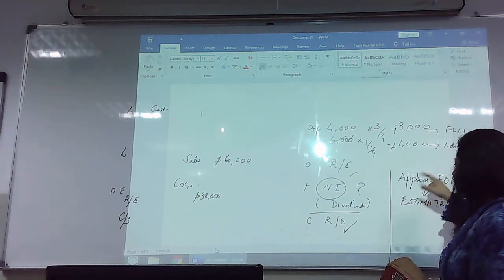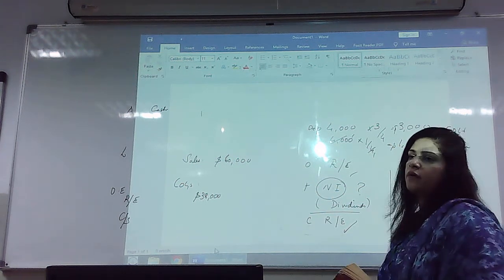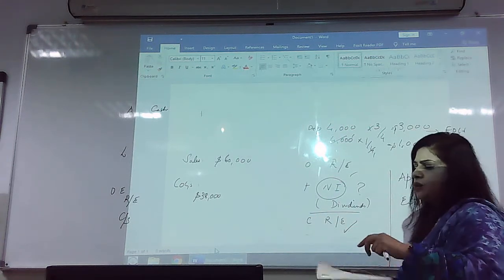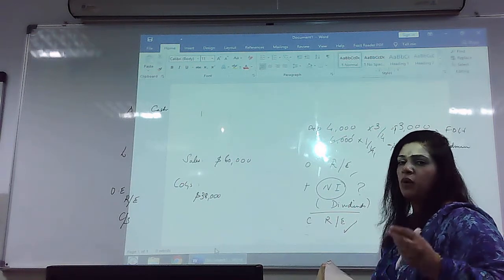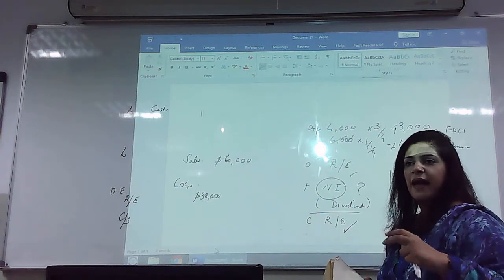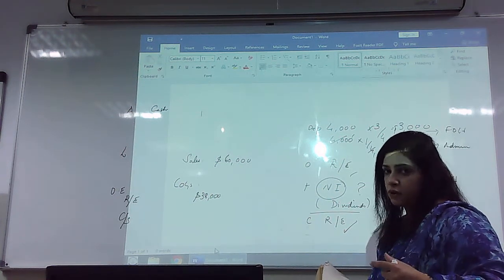So when we estimate them, they are known as applied factory overhead. Now, the actual factory overhead might actually vary, because it may happen that I got a whole ream of papers, maybe 500 papers, but what I actually spent was 10 papers out of that. So that means my actual factory overhead would be different from my estimated factory overhead in this case.